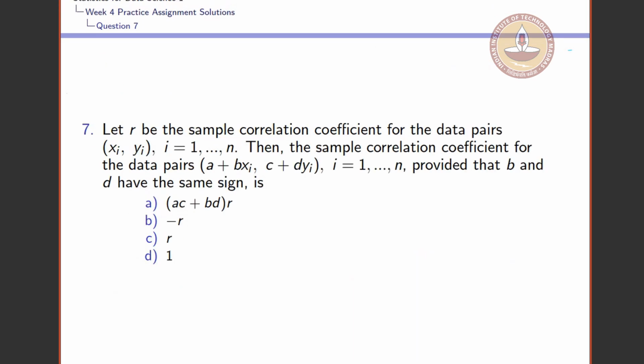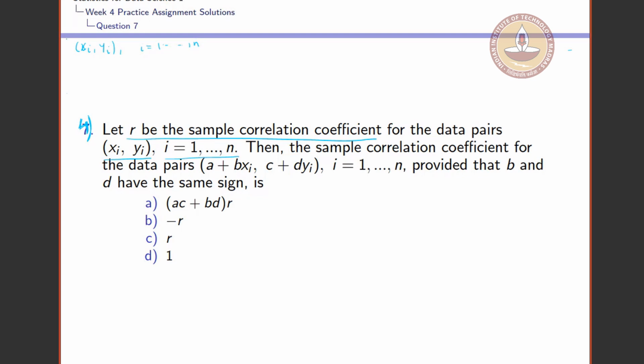Let's move to our next question, that is question number 4 from MCQ. The question says, let R be the sample correlation coefficient for the data pairs xi, yi, i varying from 1 to n. So we have a data pair xi, yi, and i is varying from 1 to n.